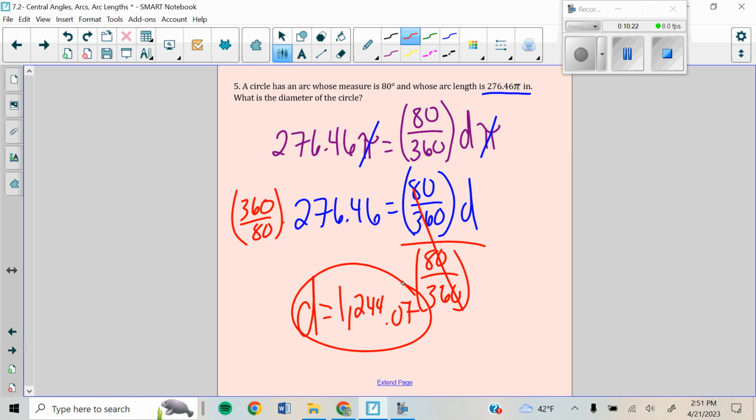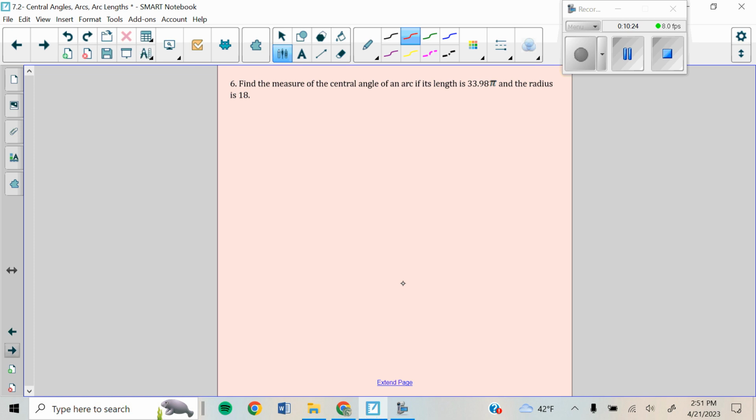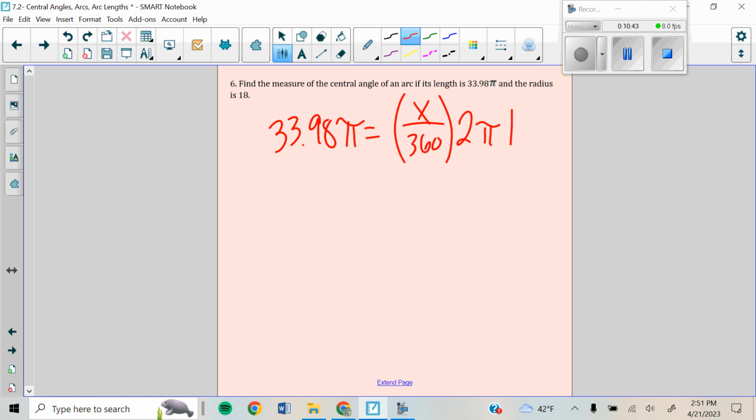All right, we got one more here. This time, they give us the length and they tell us the radius, and we are finding the measure. So let's set this up together. 33.98 pi equals, I'm finding my angle, so I put an x over 360. And then they give me my radius, it's 18, so 2 pi 18.